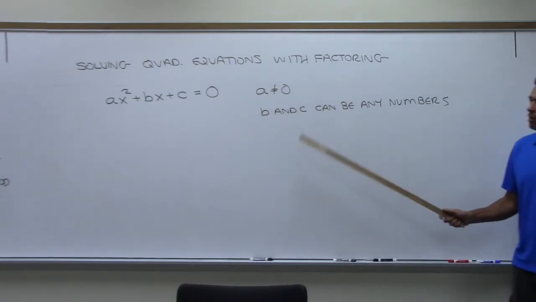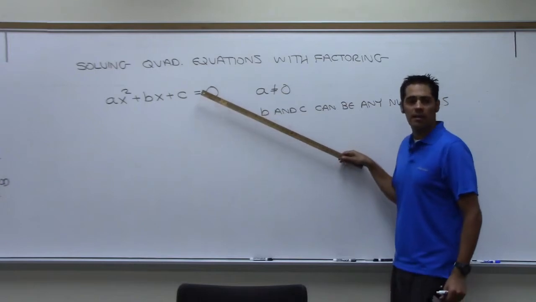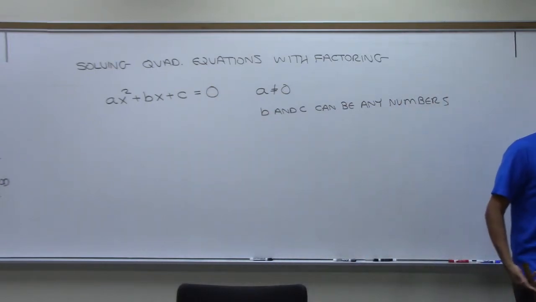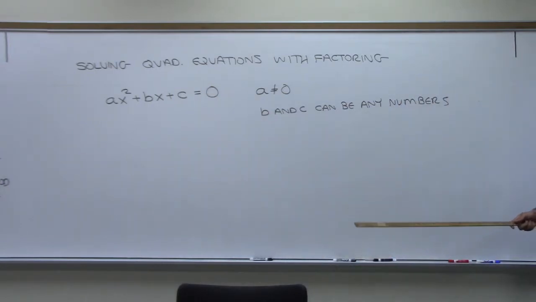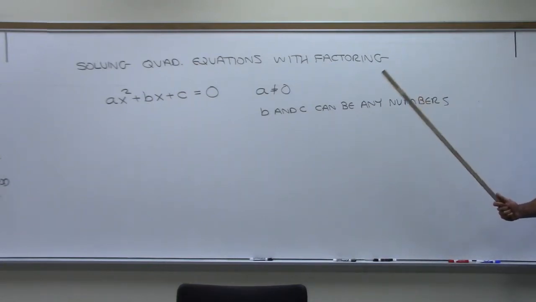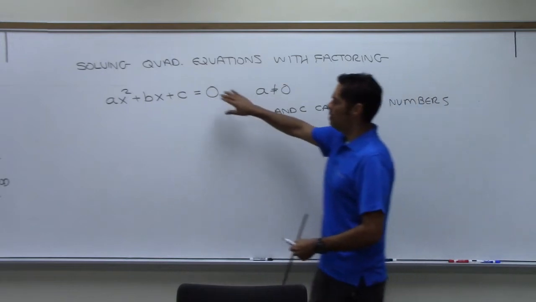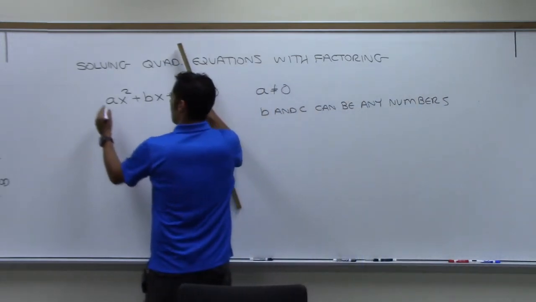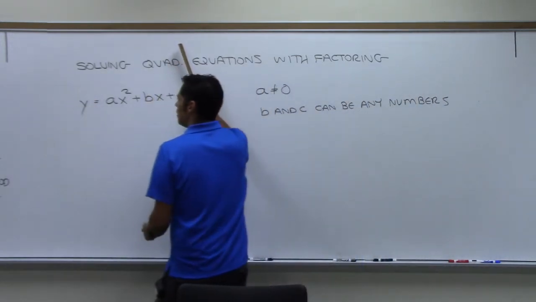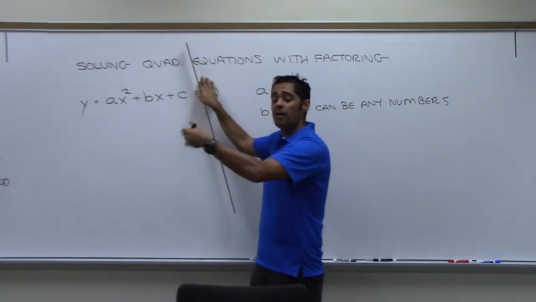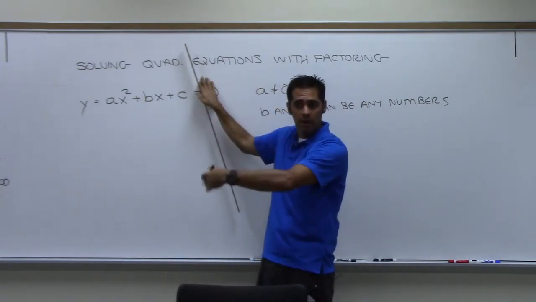Does anybody know what a quadratic function looks like if you graph it? What do they call those things? Parabola. Y'all heard that before? If I were to write y equals this, we saw that if it was y equals mx plus b, it's a line, right?